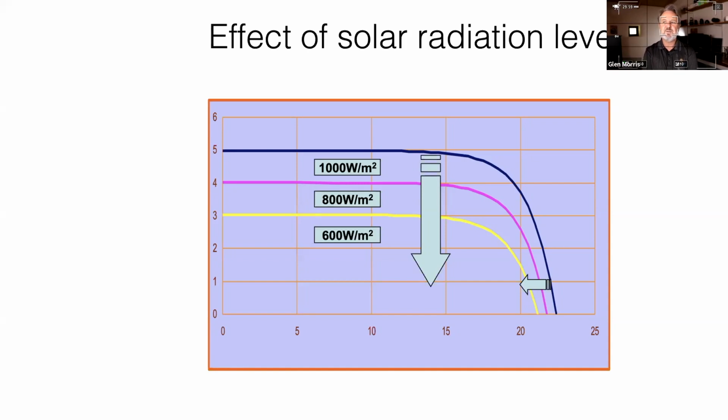Some clouds come over or a little bit of haze, we drop to 800, and so the curve starts to flatten. 600 watts, it's now quite heavy haze. If you're getting a full clouded day, it's probably only 200 watts per square meter, and if it's raining, it might be down to 100 or less. So that curve changes because of irradiance. And as a result, the maximum power point moves around. So it's the job of the solar controller to find that spot.